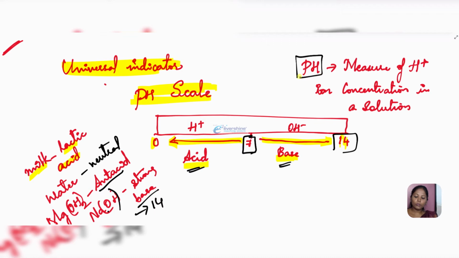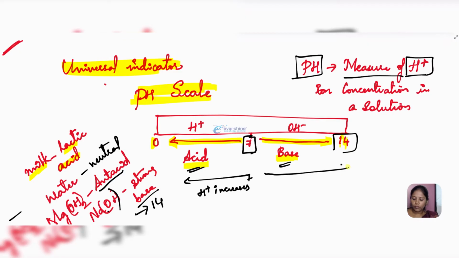So what do you mean by pH? pH is a measure of hydrogen ion concentration in the solution. If the pH scale shows below 7, then hydrogen ions increase and it shows an acidic value. If the pH is showing above 7, then what ions increase? They'll ask in the exam. You need to tell that OH minus ions increase.